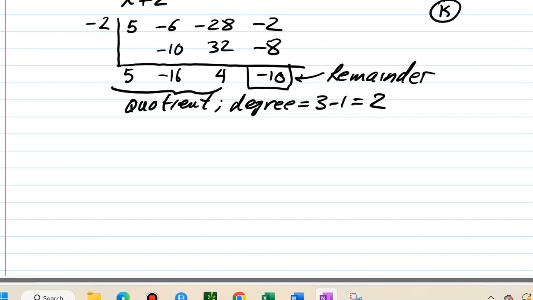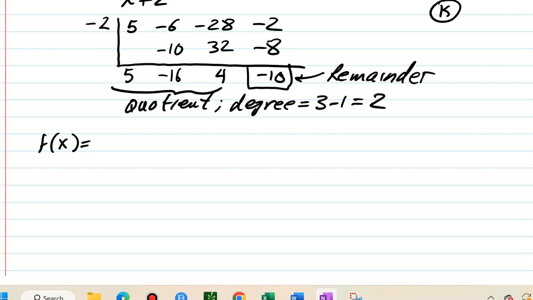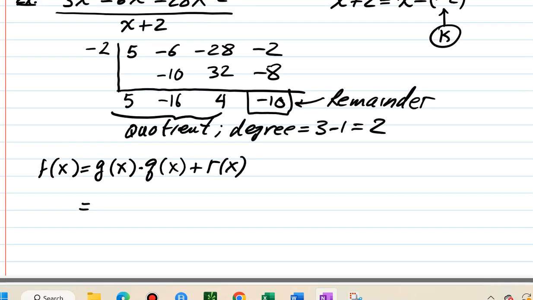At this point, I can write f of x as, remember the general form was g of x times q of x plus a remainder r of x. g of x is the denominator, x plus 2.